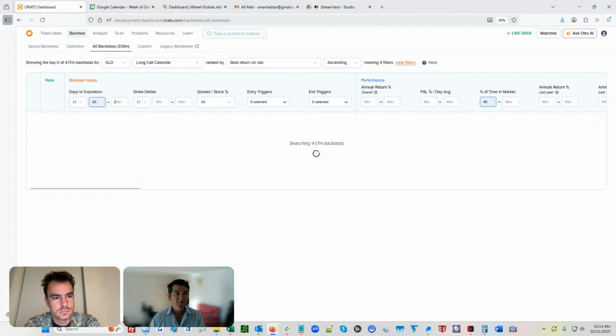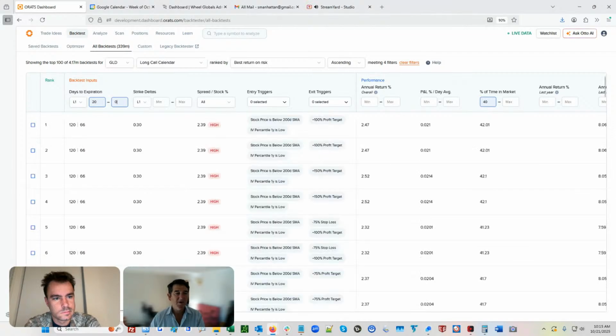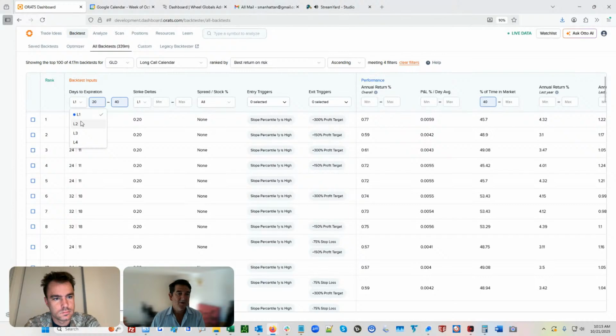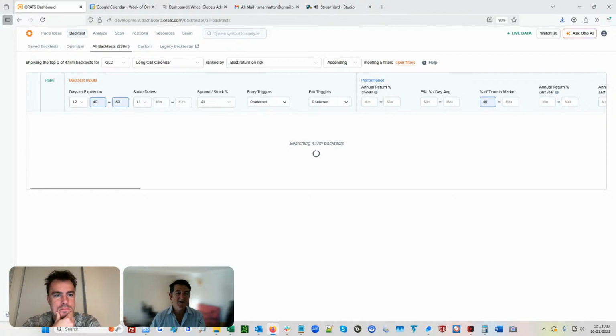The front month would be 20 to 40, and the back month will be like 40 to 80, and they're not finding anything. Days to expiration. But we had this. I think there was a lot with 20 to 40.